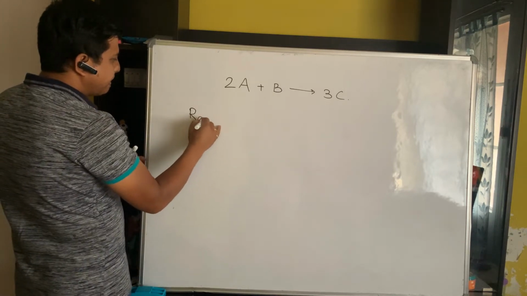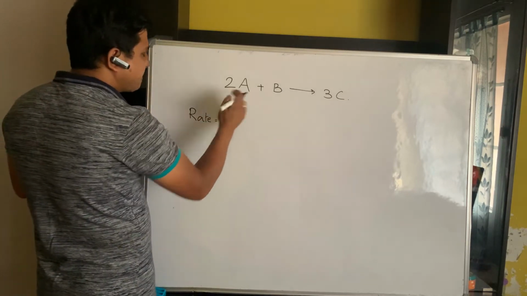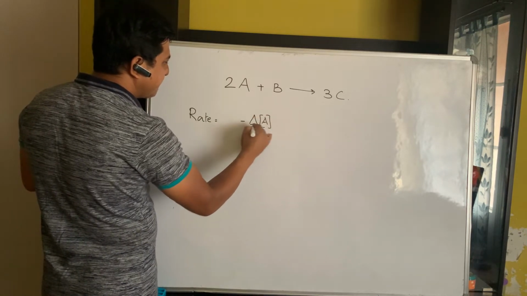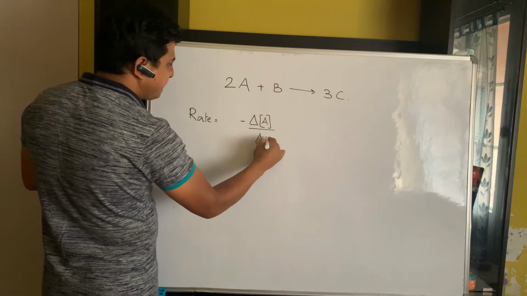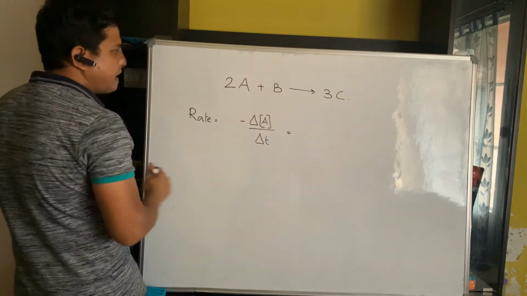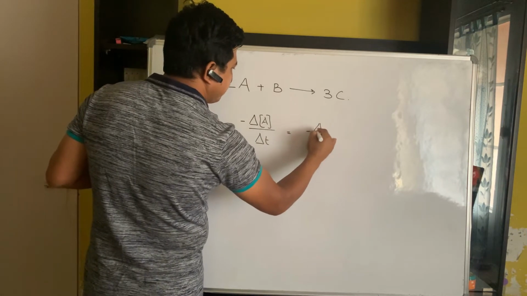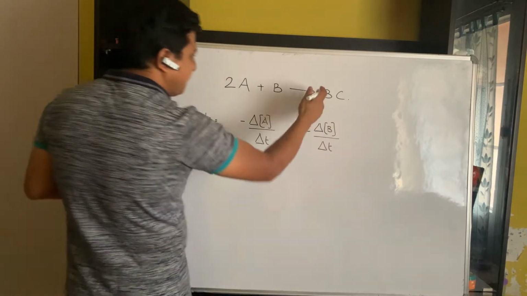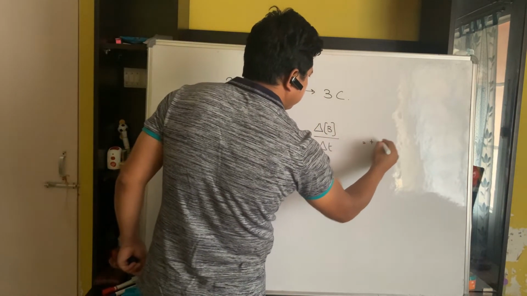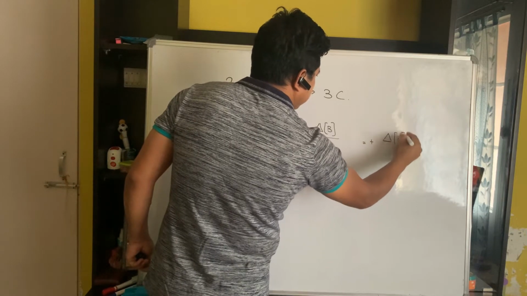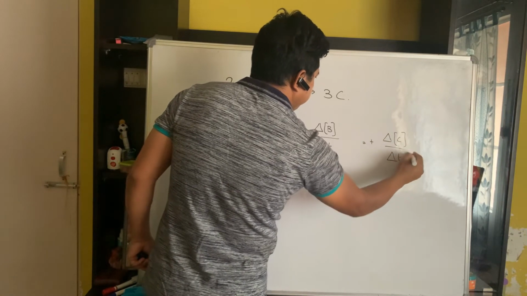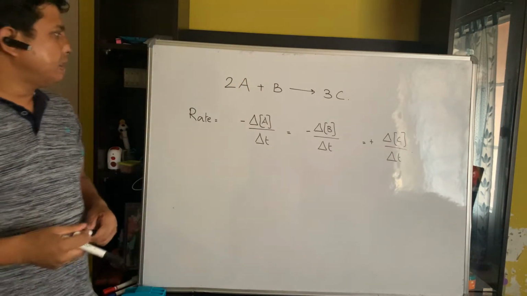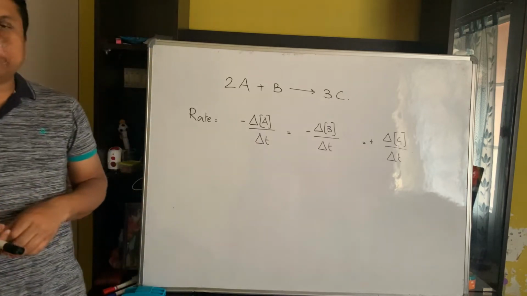In terms of A, I will write minus delta A by delta T, and in terms of reactant B, I can write minus delta B by delta T, and in terms of product C, I can write plus delta C by delta T. This expresses the change in concentration, and while expressing the rate in terms of reactant, we place a negative sign.